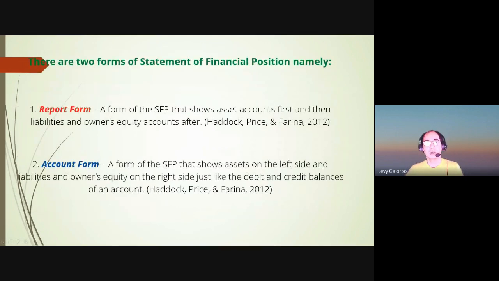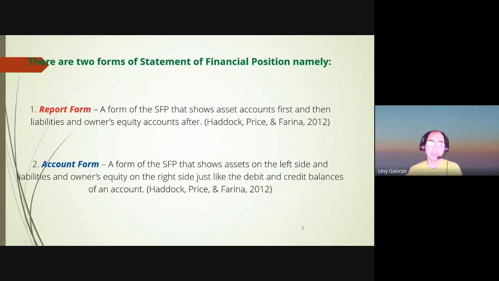Okay, now there are two forms of statement of financial position. Namely, we have the report form and also we have the account form. Ano ba yung pagkakaiba niyan? Okay, a form of the statement of financial position that shows asset accounts first and then liabilities and owner's equity accounts after.